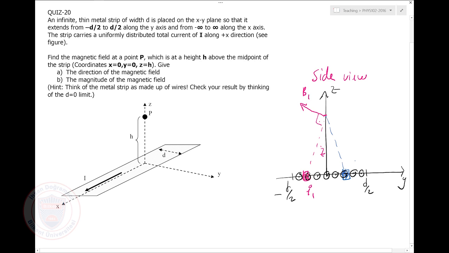Again, I put my thumb along the wire, so this is going to create a counterclockwise circulating magnetic field. So it's going to be perpendicular to the blue line, right?